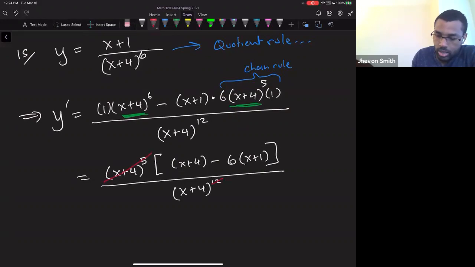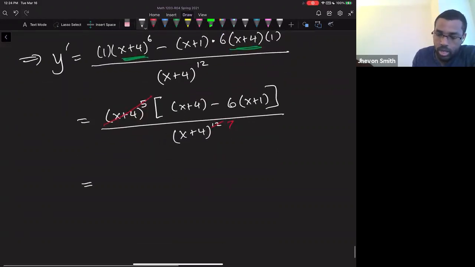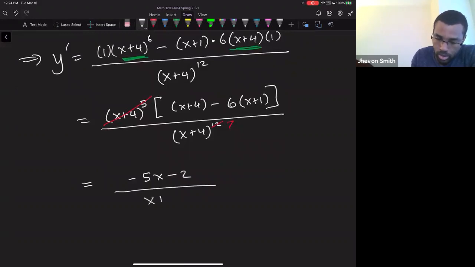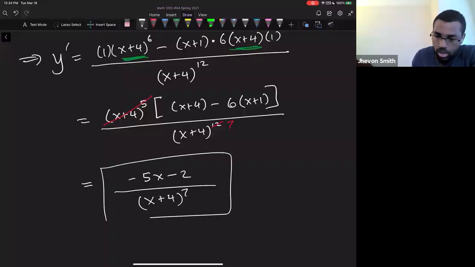All of this would cancel into those, leaving you with a power of 7. And in the numerator, you would have minus 5x minus 2, by expanding this: x plus 4 minus 6x minus 6.